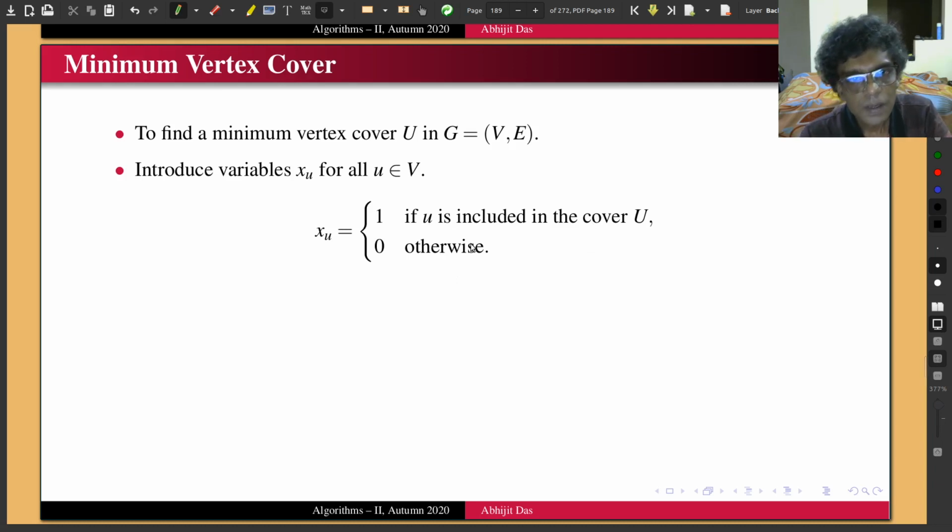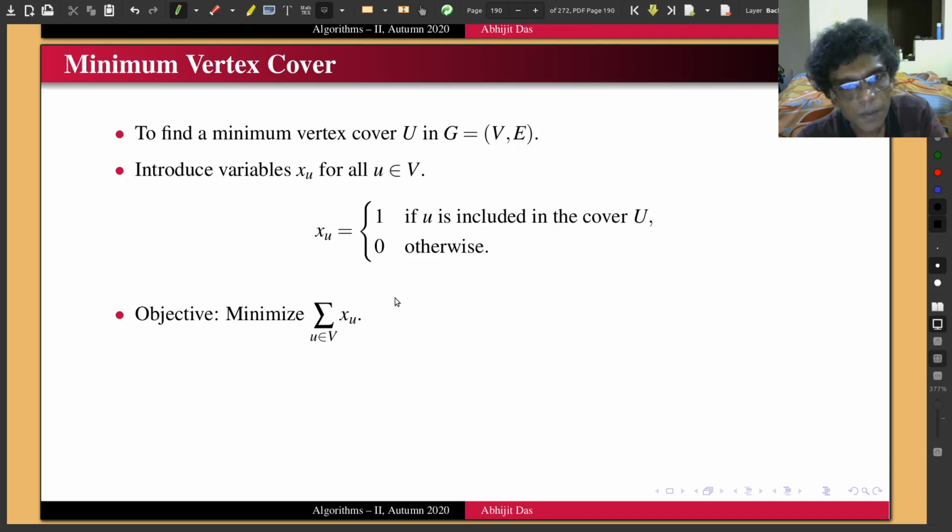But then what do I want to minimize? I just want to minimize the sum of these xu's, that is the size of the cover U. So I want to minimize the sum of xu values, where u runs over vertex set V. So I want the minimum number of u's to contribute 1 to this sum. So in that sense, this is the minimum vertex cover problem. And what are the constraints?